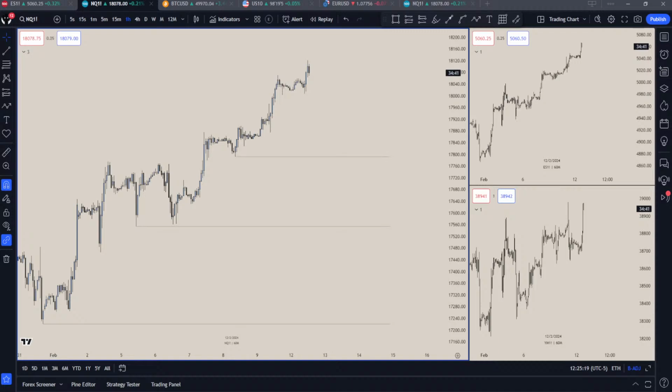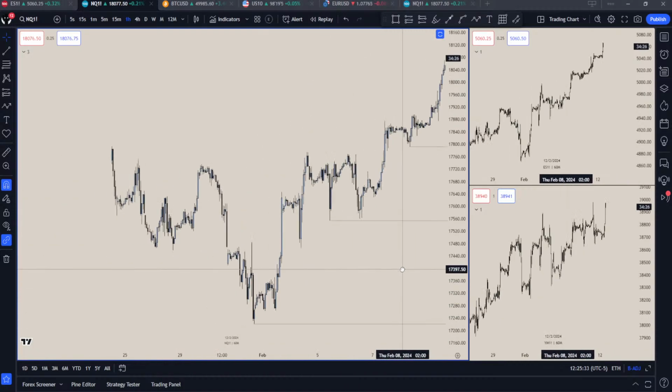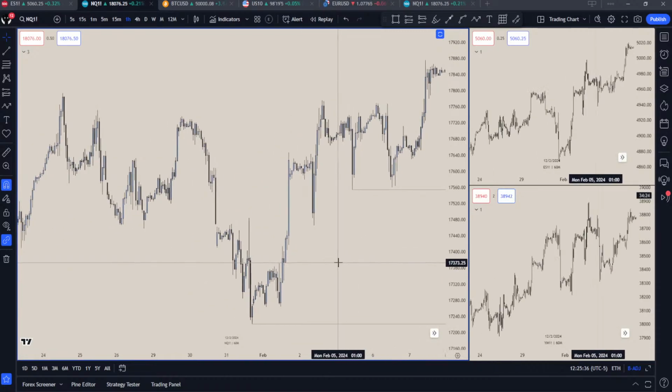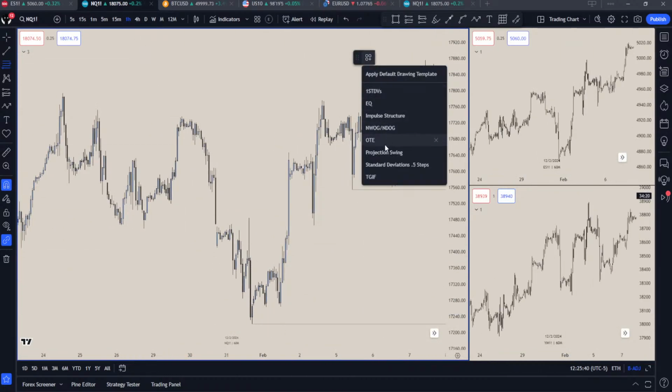What do you think is the best ICT entry model? I don't think there is a best entry model because every single entry model or ICT concept, it all ties into market maker models at the end of the day. Just like last week, how I annotated this market maker model right here, right? You'll find your entry models within this market maker model.